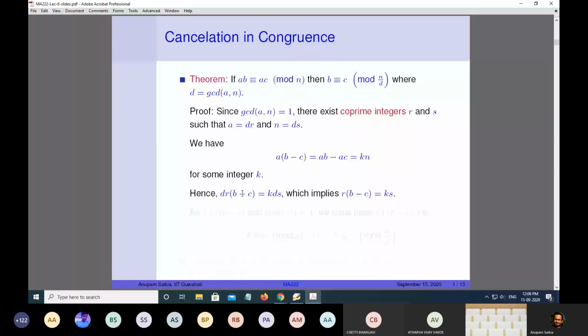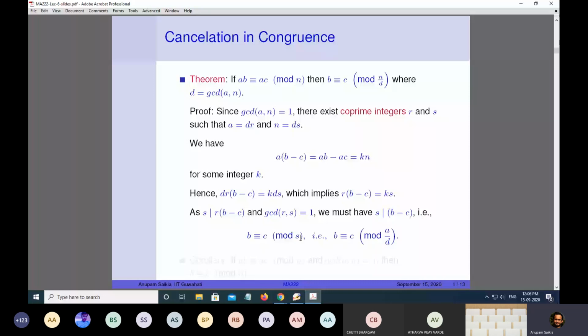Now let's see what we can get out of this. We see s dividing this product, where s and r are co-prime. So s divides r times (b minus c), but s is co-prime to r. In this situation, s must divide b minus c, which in other words means b is congruent to c mod s.